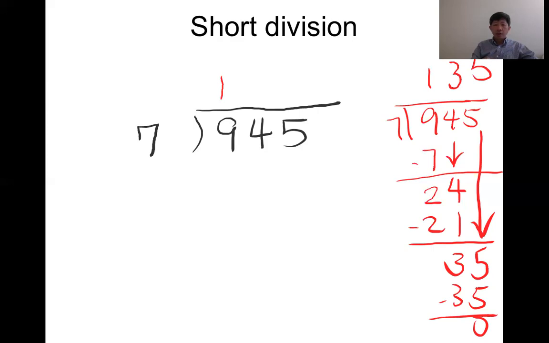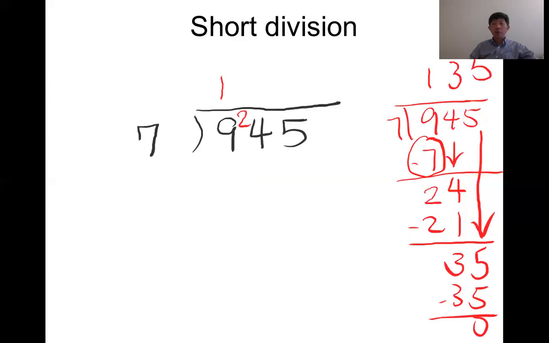But we don't write it out this way. We do the mental computation. 9 minus 7, how many? We have 2 left over, so we put the 2 right here.